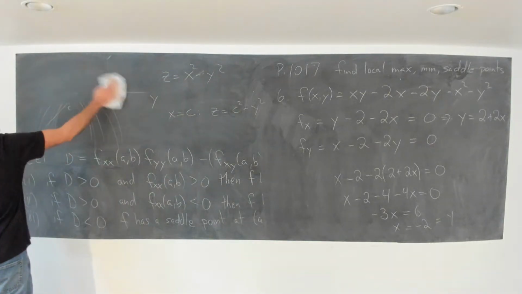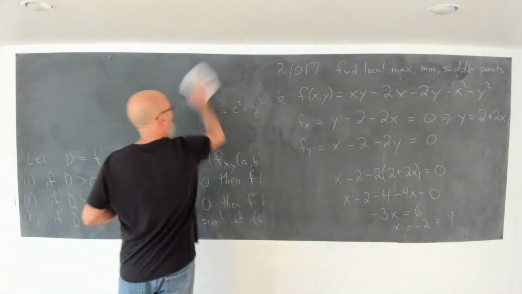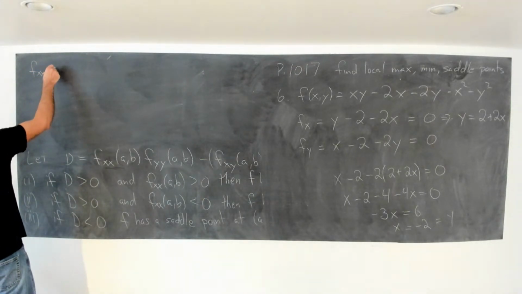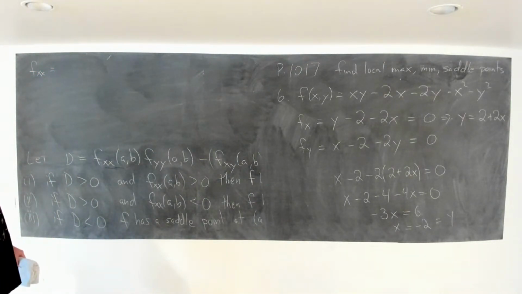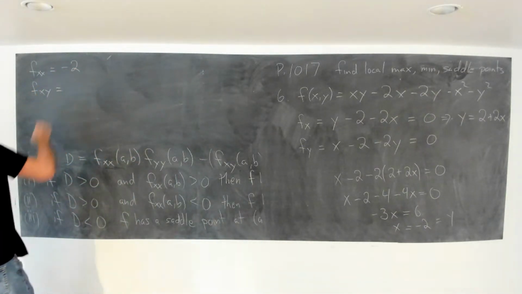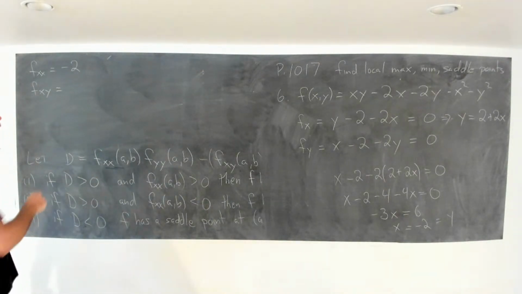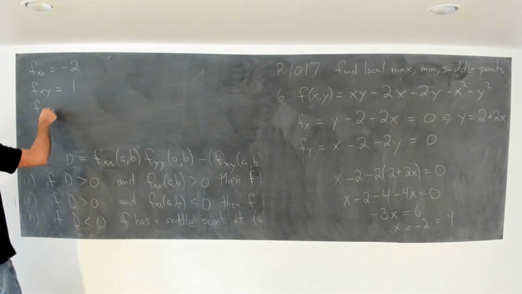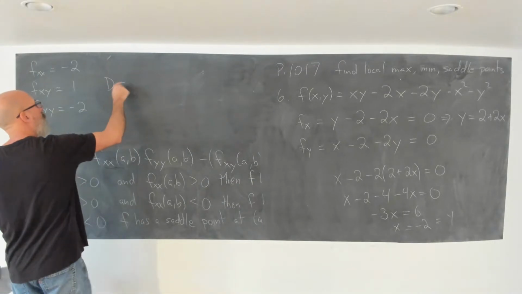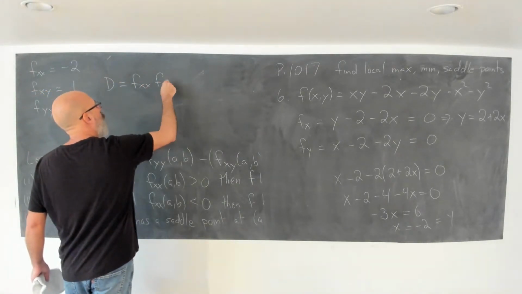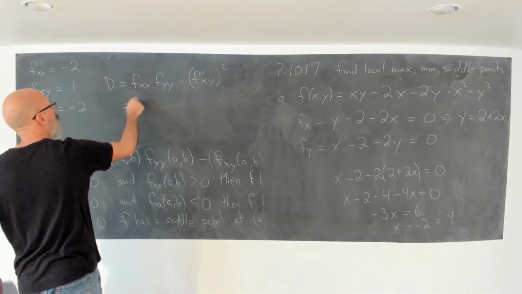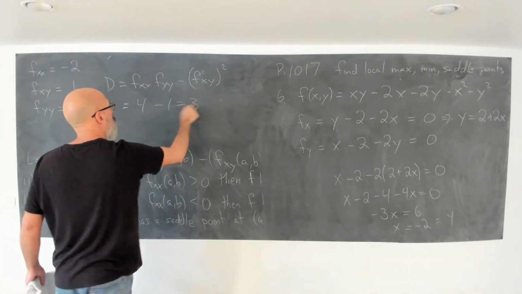Continue. fxx is minus 2. fxy is 1. And fyy is minus 2 as well. So D, which is fxx times fyy minus fxy squared, is what? In this case, this is 4 minus 1, which is 3.